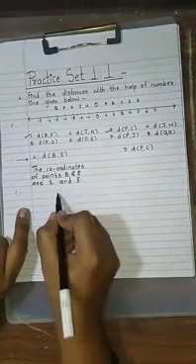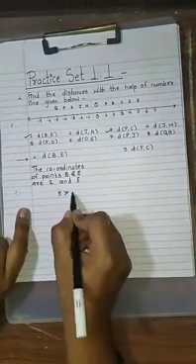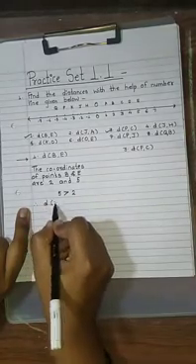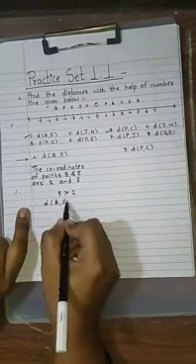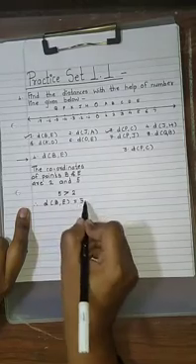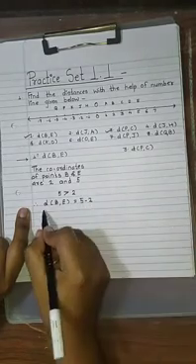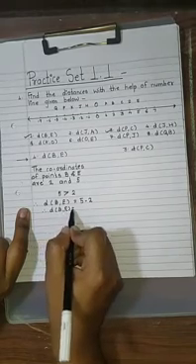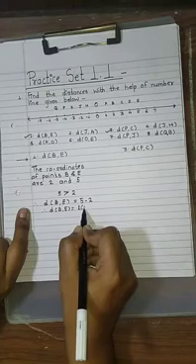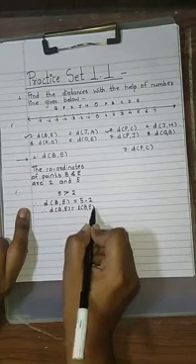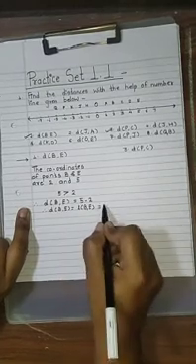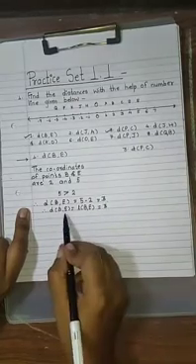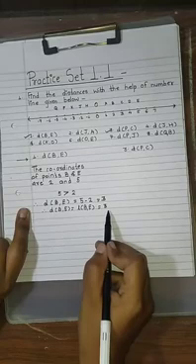Okay, now you can see 5 is greater than 2. Therefore distance BE is equal to 5 minus 2. Therefore distance BE, or you can call it length BE, is equal to 3. 5 minus 2 is 3. Therefore distance BE or length BE is 3.